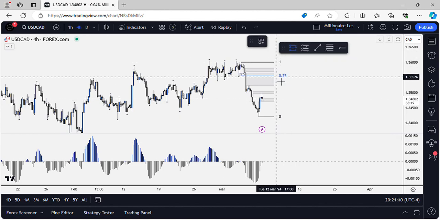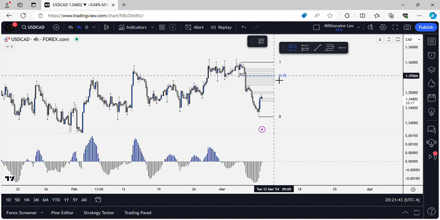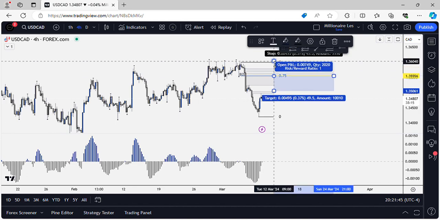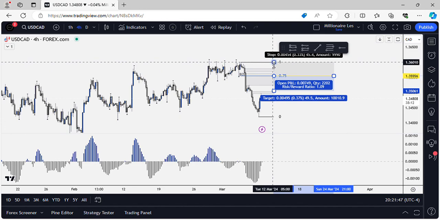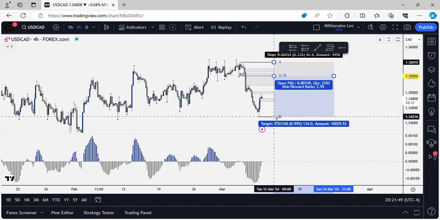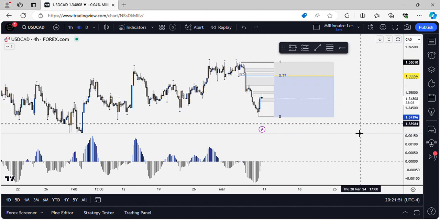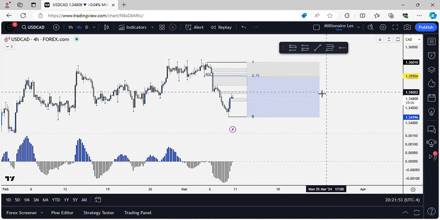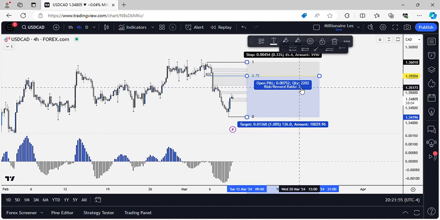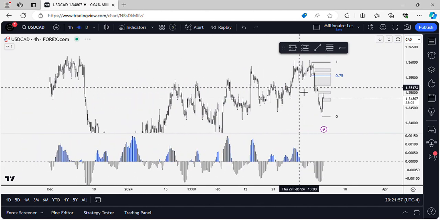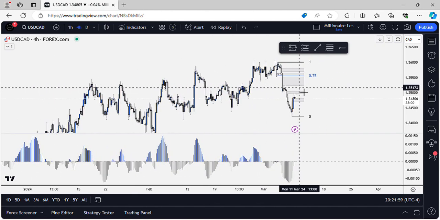And I'll even put this on here so y'all can see. Boom, see, I draw my projections tool and it's a 3 to 1 risk to reward ratio. So that's why I use the 0.75 Fibonacci level. If you buy the indicator, it's set to other levels, but I use the 0.75 specifically.